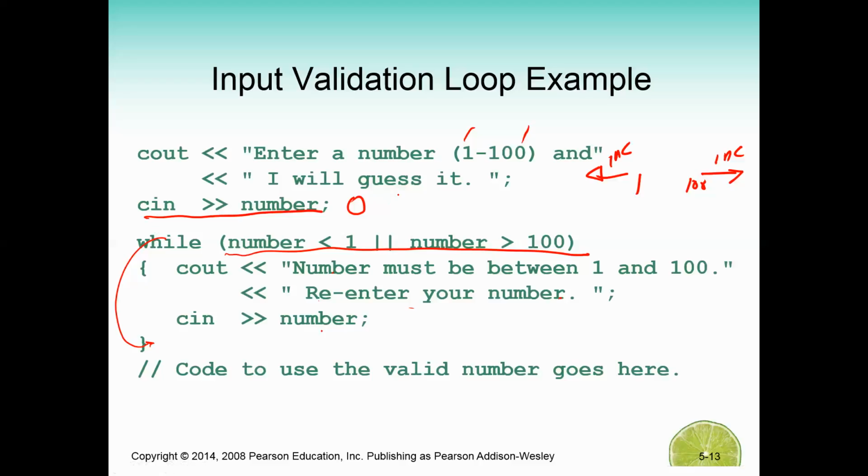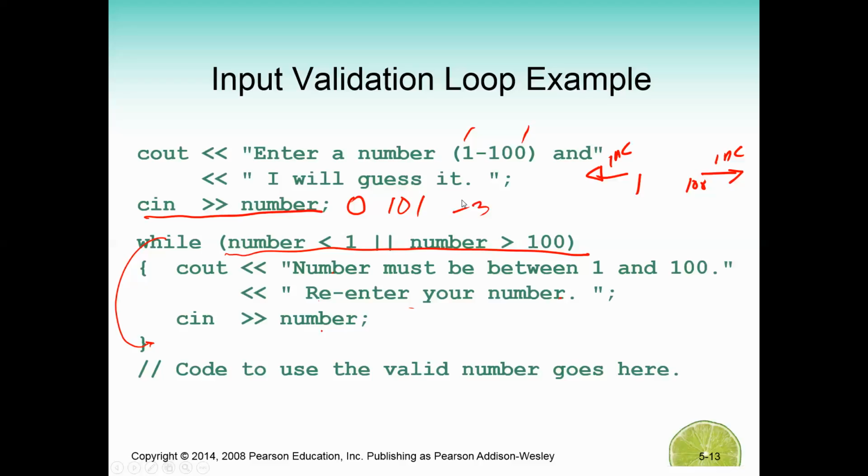Again, we're going to test. Is the number less than 1? No. Is the number greater than 100? Yes. So this is true. So we go inside, and we're going to say again, your number is incorrect. The number must be between 1 and 100. Re-enter your number, and we flash the light again, asking for the user to input something. This time they type a -3.